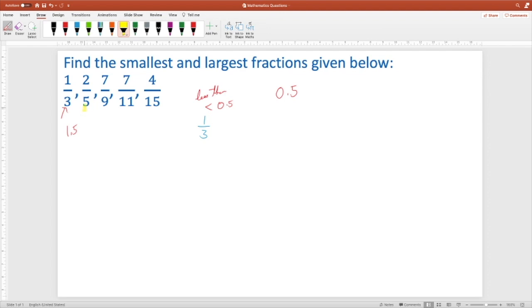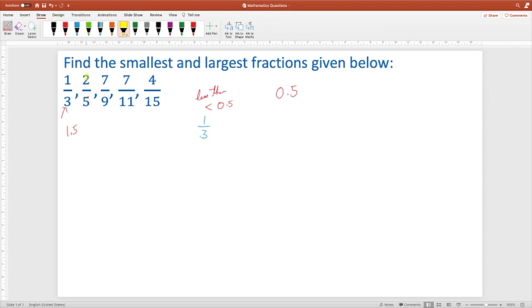Less than 0.5. Why? Wait, are you saying actual 0.5 or the half of 5? I mean 2/5. Is it less than 0.5? I don't know, this is confusing me. It's because I don't know if you're asking 0.5 or half of 5. Okay. Is 2 smaller than half of 5?